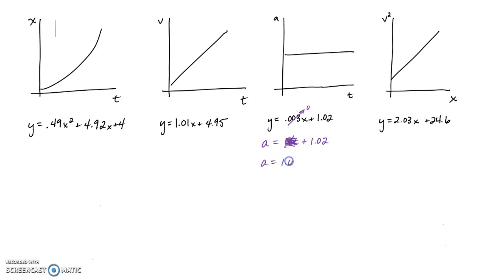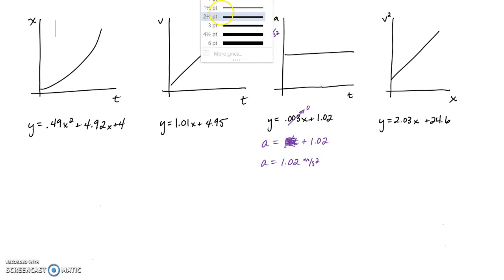So acceleration is 1.02, and then acceleration has units of meters per second squared. So let's put that on there. And then let's mark that for future reference with a highlighter that's hopefully not so massive. Dear gosh, can I make that smaller? There we go. Cool. All right. So that's the acceleration. So basically, that's the acceleration of my object.